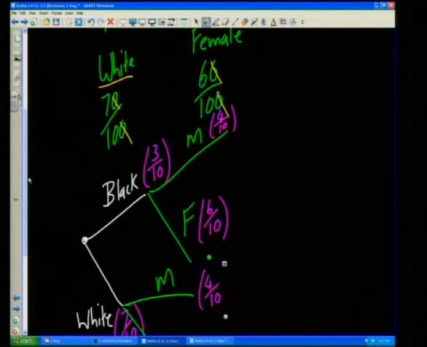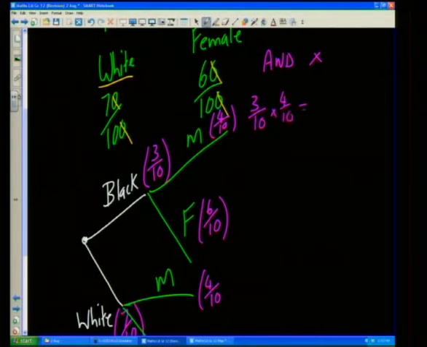If a sheep is black and male, remember, and means multiply, then the chance of selecting that will be 3 out of 10 times 4 out of 10, which means it's 12 out of 100, which is 12%.